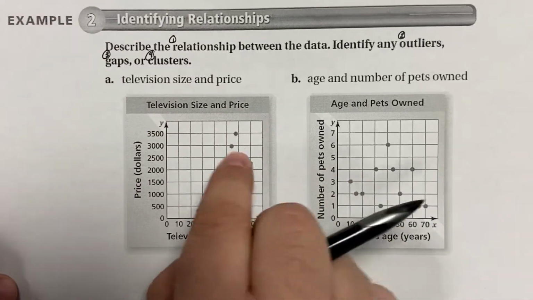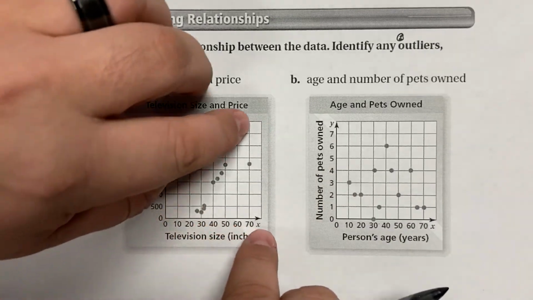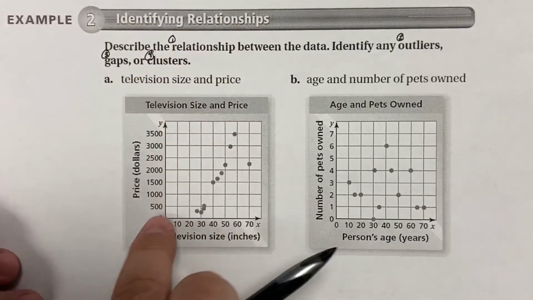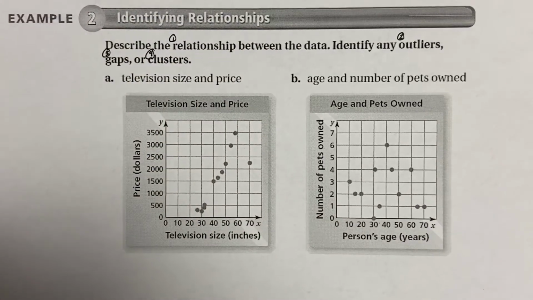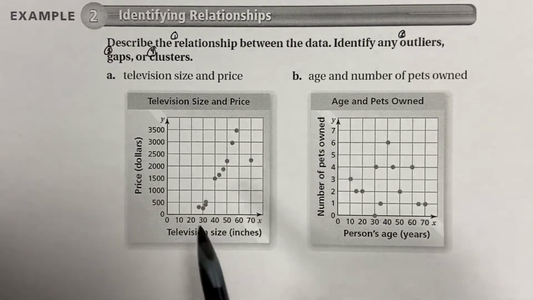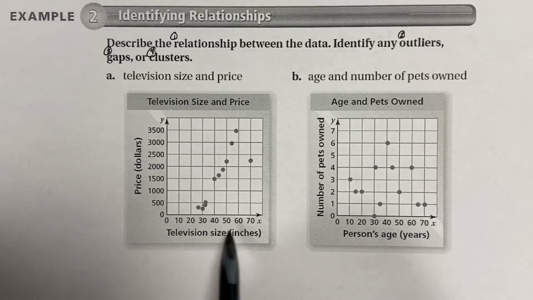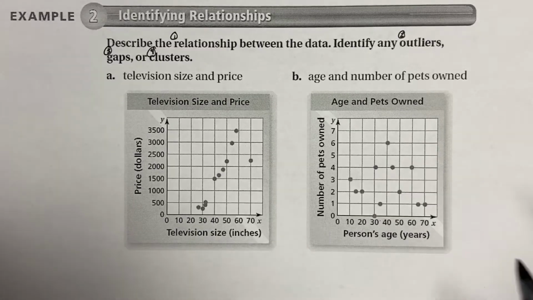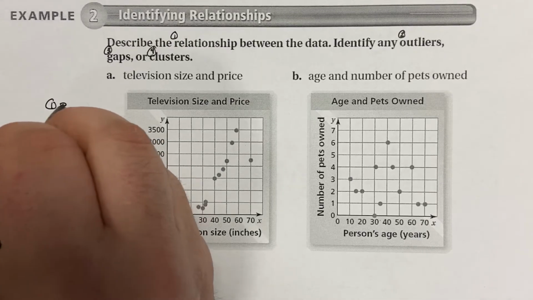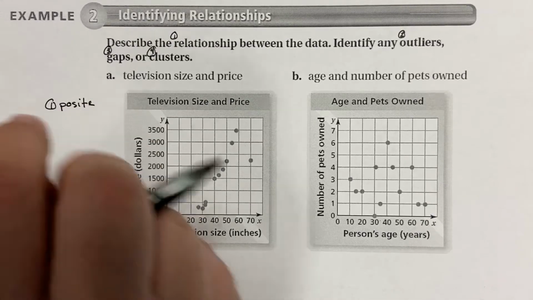It creates kind of a line as I'm moving my left hand forward. It's almost like the y is being dragged at the same speed. If it's doing that, it's increasing. You should know this from a positive slope as well. Same idea, if it increases from left to right, or as x increases, so does y, then that is a positive relationship. So 1 is going to be positive for this graph.